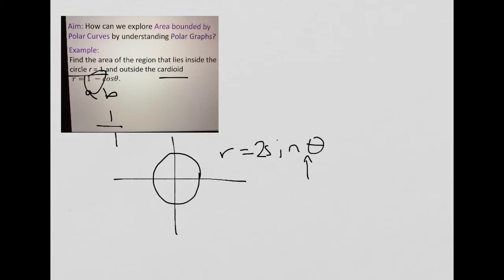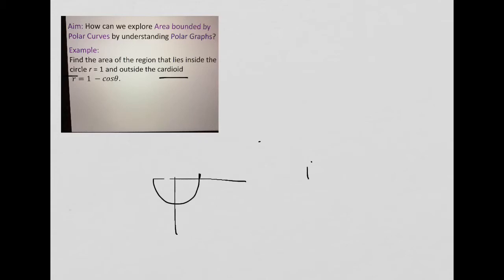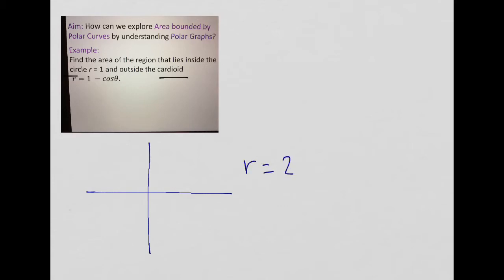So while you copy this down, let me give you an idea of what a rose curve looks like. I feel like I've mentioned it before, but we never really had a chance to explore the shape of one. So let's say you have r equals 2 cosine of 3 theta.